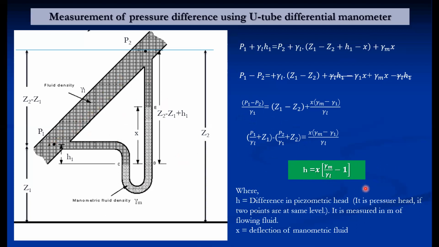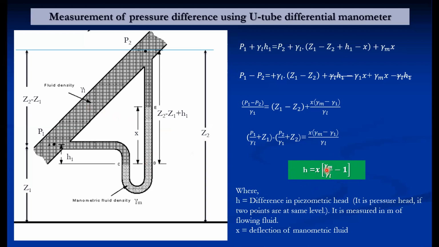X is the deflection. So this particular equation is used extensively while measuring the pressure difference. So directly you can use this particular expression: H is equal to x into bracket gamma m by gamma L minus 1. Gamma m is the specific weight of manometric fluid, and gamma L is the specific weight of the flowing fluid. The same expression can be used in terms of specific gravity, Sm by Sl.